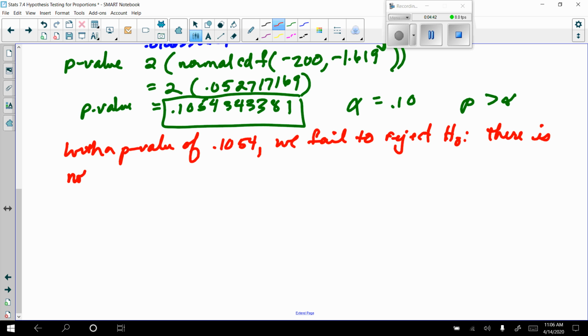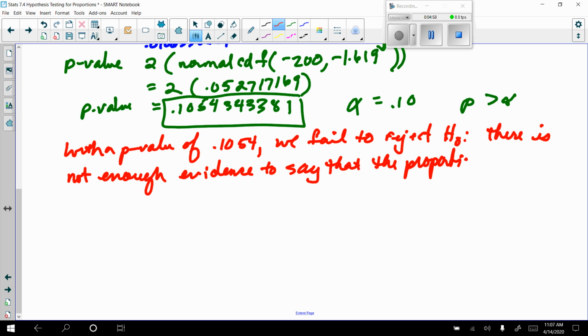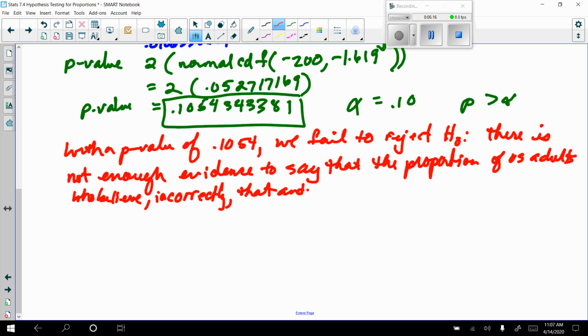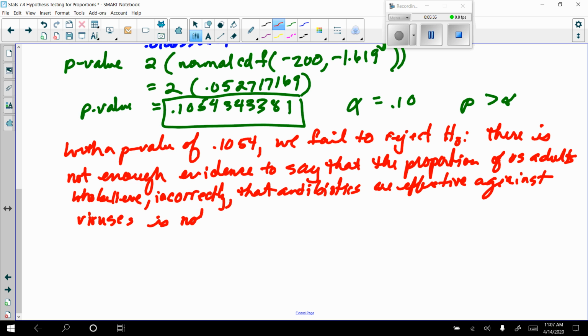There is not enough evidence to say that the proportion of U.S. adults who believe incorrectly that antibiotics are effective against viruses is not 51%.